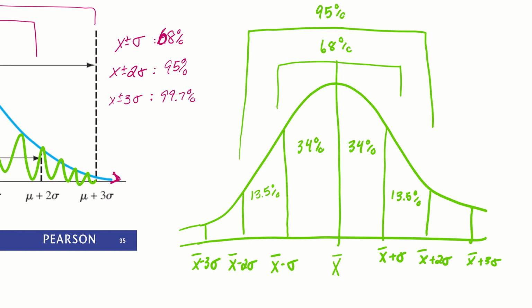Now, if I'm talking about the total probability, all of the area underneath this curve represents the probability. So 34% here, 13.5% here, and then it goes on to 2.35% and 0.15% all the way at the end of the tails.